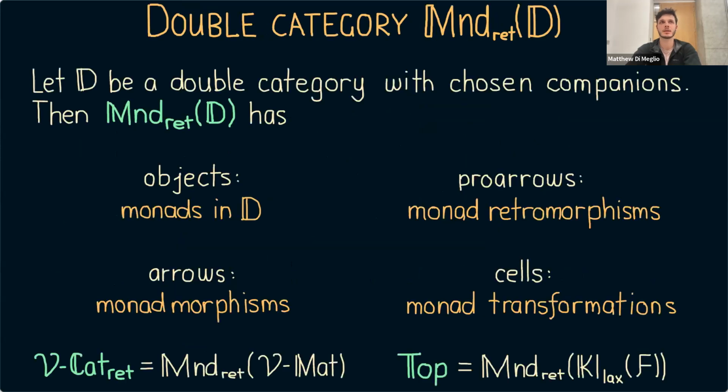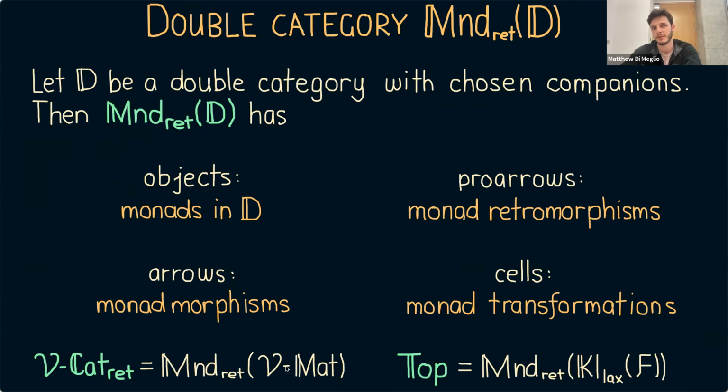And with all of these definitions, we can now say what the double category of monads, monad morphisms, and monad retromorphisms is. If D is a double category with chosen companions, then we can form this new double category, which I'm denoting MND ret of D, whose objects are the monads, whose arrows are the monad morphisms, whose pro-arrows are the monad retromorphisms, and whose cells are the monad transformations.